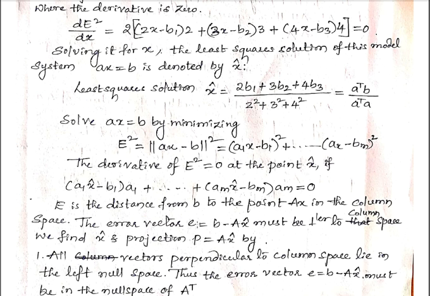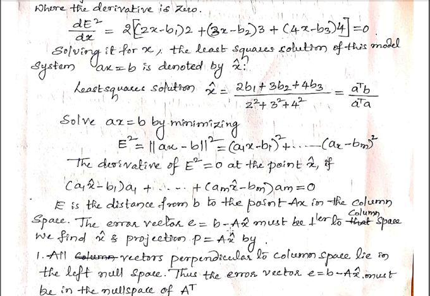So this E should be perpendicular to the column space. Whatever this error vector is, by the theory, because we are getting AX minus B, this is square, which is just like the length of our perpendicular or orthogonal vectors. In the case of orthogonal vectors, we have seen that X transpose Y is equal to 0, meaning when they are multiplied we get 0.